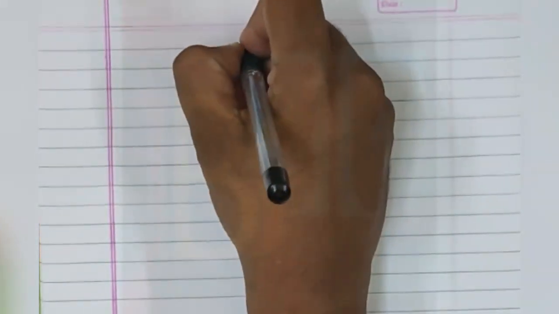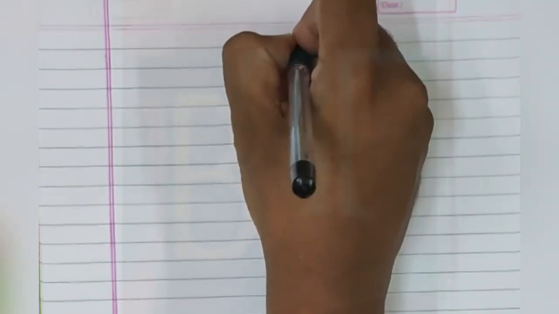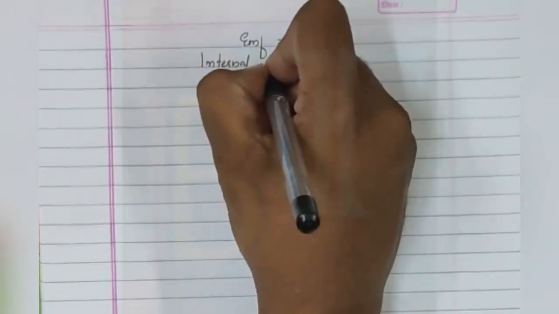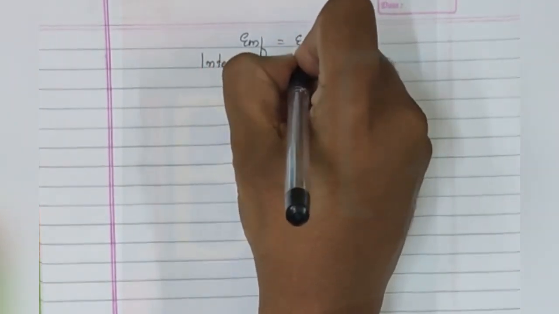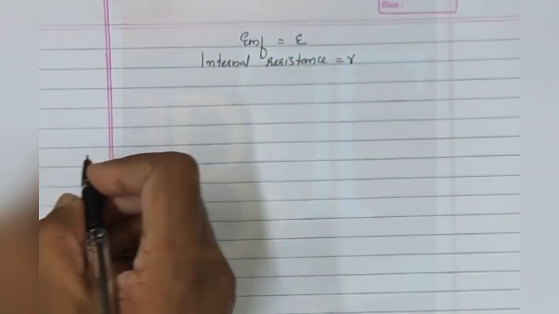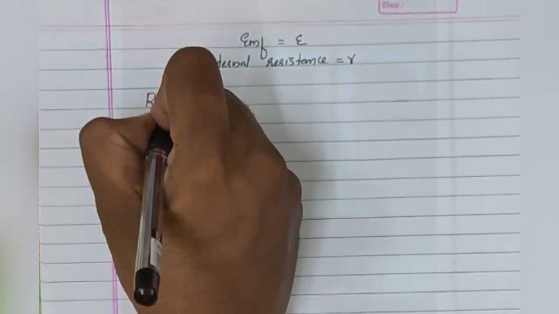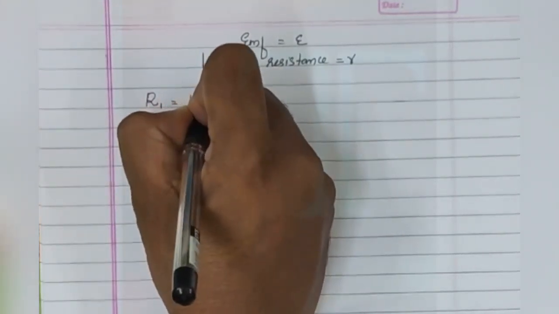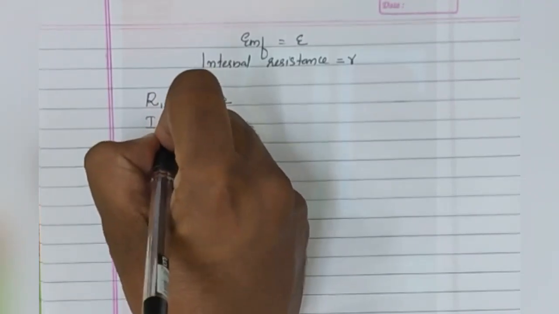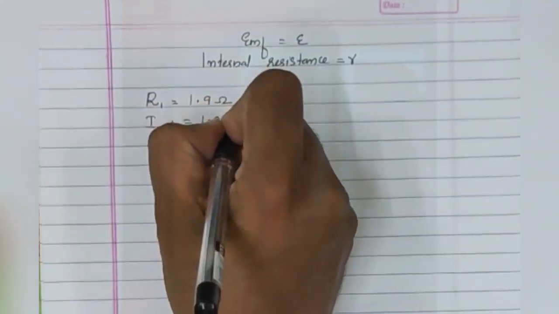Here the EMF is equal to E and the internal resistance is equal to small r. As we all know, the internal resistance and EMF are constant for a battery. Now, when an external resistance R1 equal to 1.9 ohm is connected, the current drawn was 1 ampere.